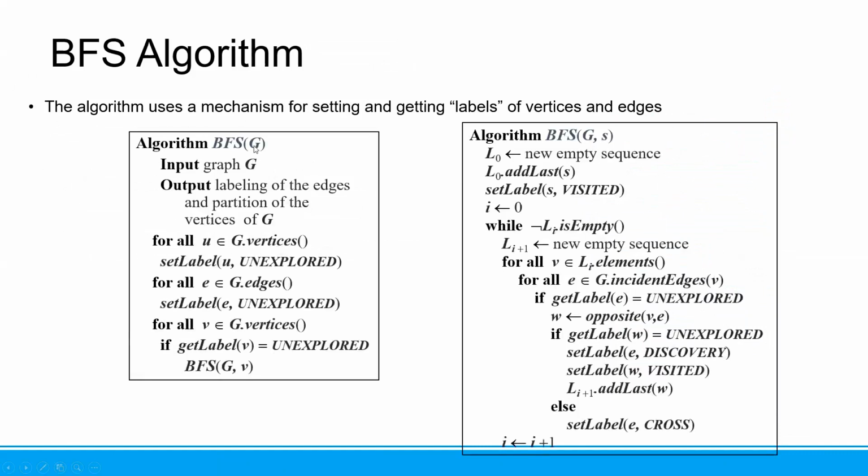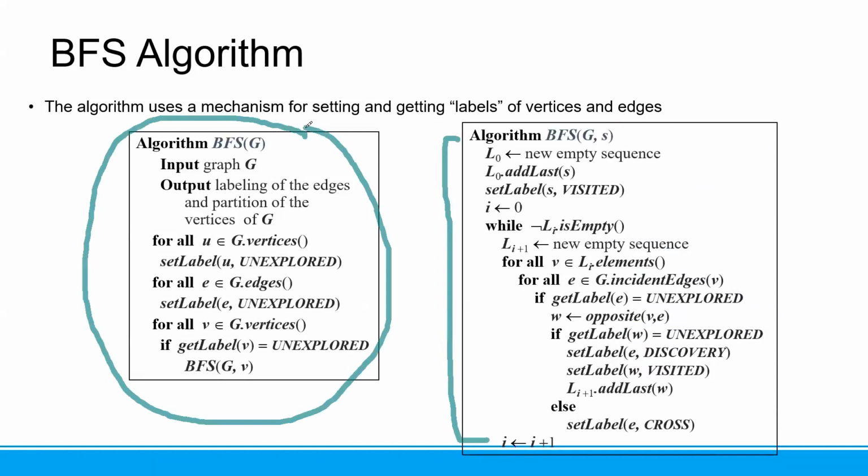If you look at the algorithm, it is similar to DFS, but it is different in terms of the steps. The first part is the same. What is the first part?